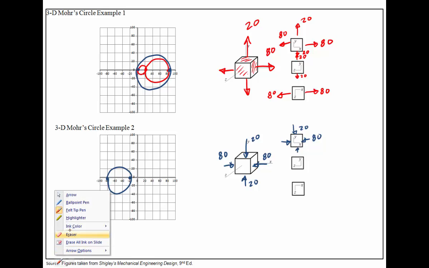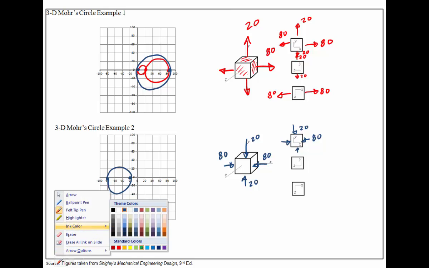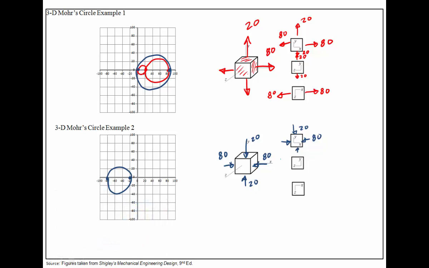I'll change color to keep it clear here, and maybe go green. Now we could go for the YZ face, which is that YZ plane. It's going to be this face right here. We're going to have 20 going down, and compression 20 right here, and nothing in this Z direction. So plot the point right there. It's going to be 20 in compression and 0.